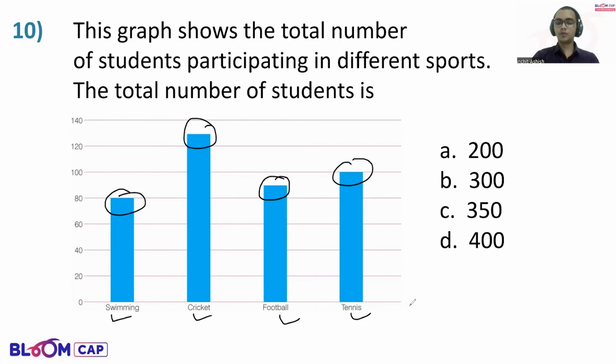We have written different, so there could also be hockey, swimming, basketball, or table tennis. Right, we don't know that. Further, we don't know if one student can participate in multiple sports or not. Maybe there is a student who plays both football and cricket, or maybe a student who plays nothing. But these students count in the number of students in the class, right? So therefore in this question we'll assume that this is the data, one student can participate in one sport only and everyone is participating in at least one sport and there are only 4 sports. So let's find the values.